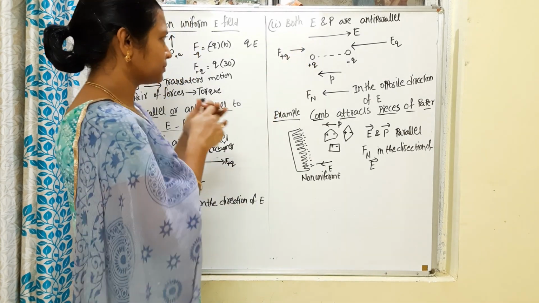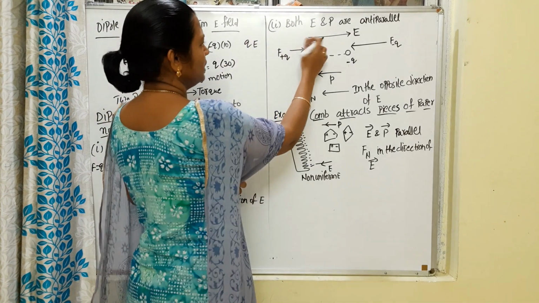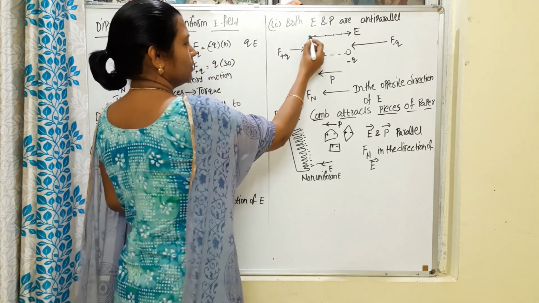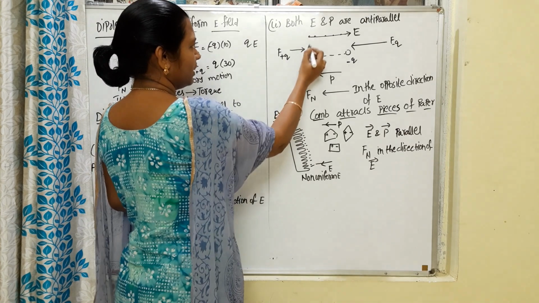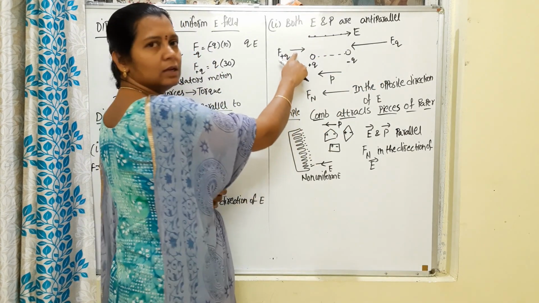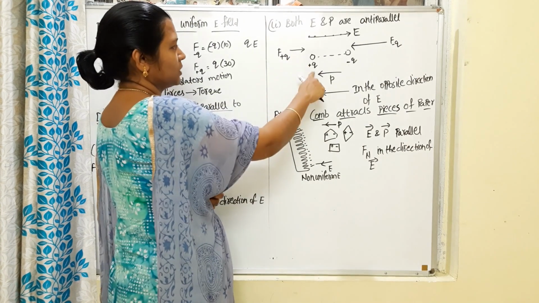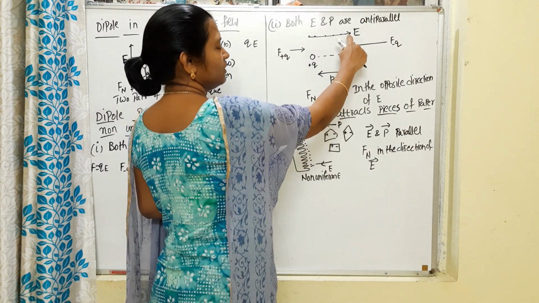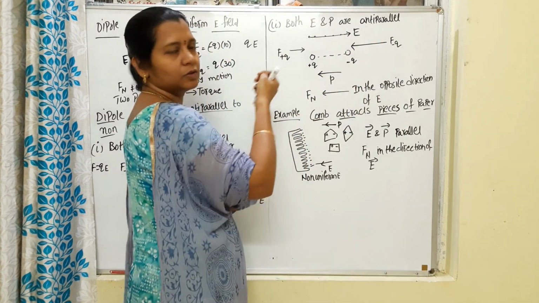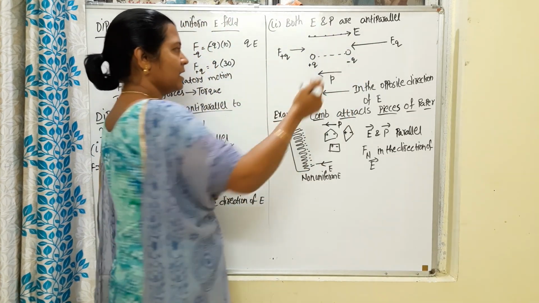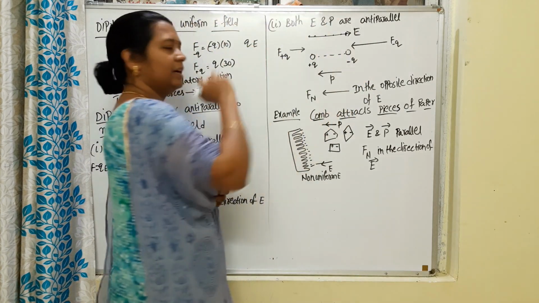Because of the electric field, the plus q charge experiences a repulsion. So this is the force on the plus q charge. And the minus q charge is attracted because of the electric field. Here the force is larger in magnitude. Why? Because here the electric field is large.